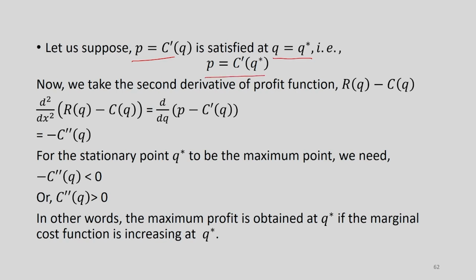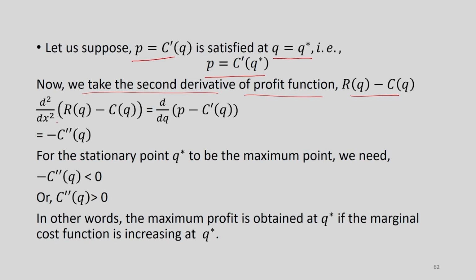Now, this only gives us a stationary point, it does not tell us whether the profit is getting maximized or minimized, and to get a hang of that, we take the second derivative of the profit function R(Q) minus C(Q).